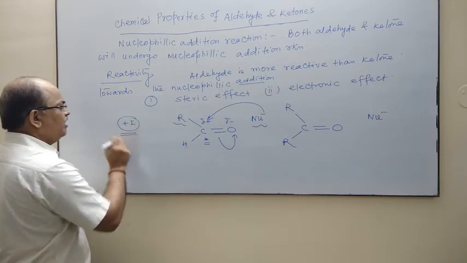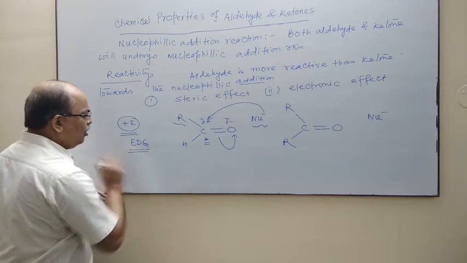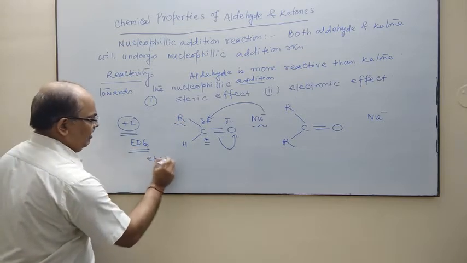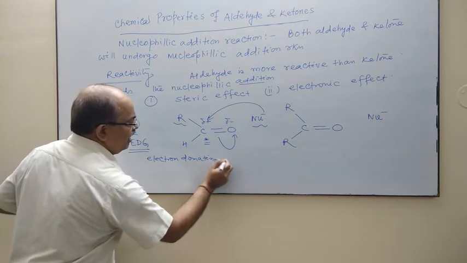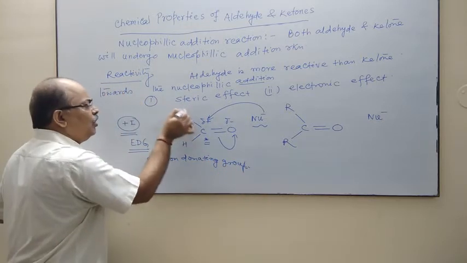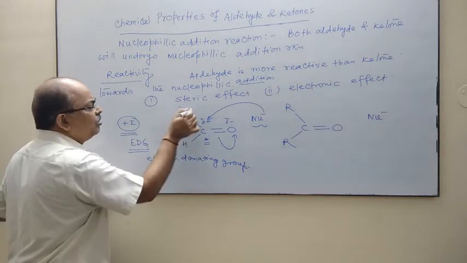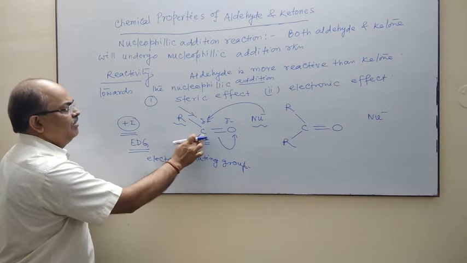आप जानते हो कि ये जो alkyl group है ना, यह आपको इलेक्ट्रॉन डोनेटिंग ग्रुप होता है. It is your electron donating group. Now what happens when it donates electrons to this positively charged carbonyl carbon?